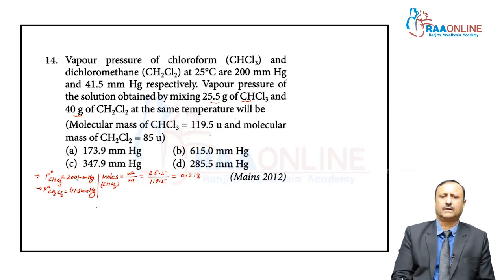Now we can calculate the moles of CH2Cl2, dichloromethane. The same formula is used, W upon M, and W is given, that is 40 gram for CH2Cl2, and the molecular mass is also given in your numerical, that is 85. So when, my dear students, you divide 40 upon 85, then you can get 0.470.